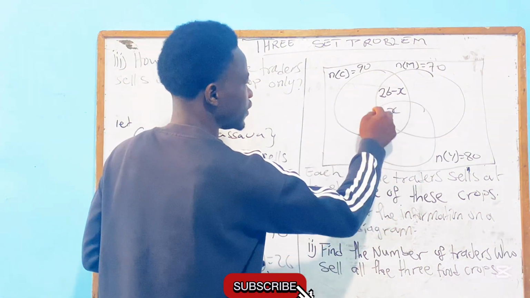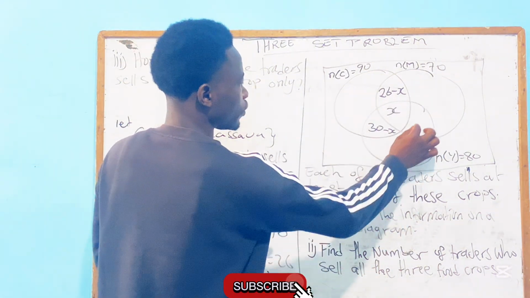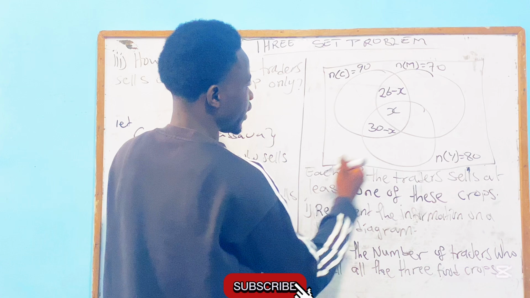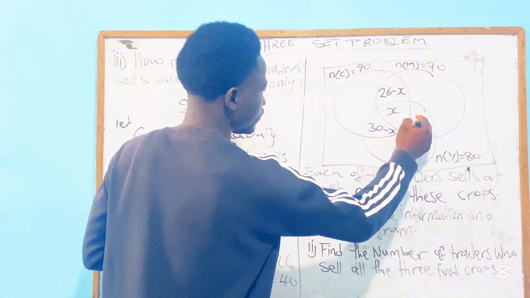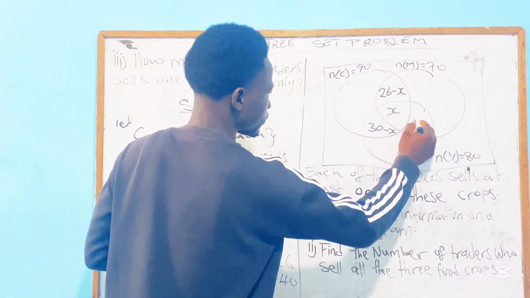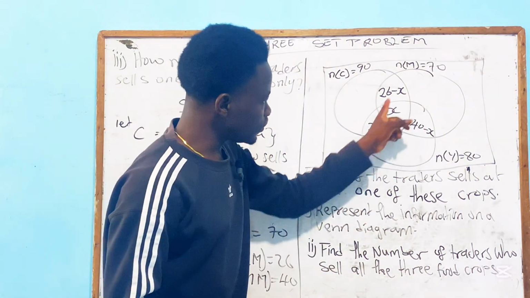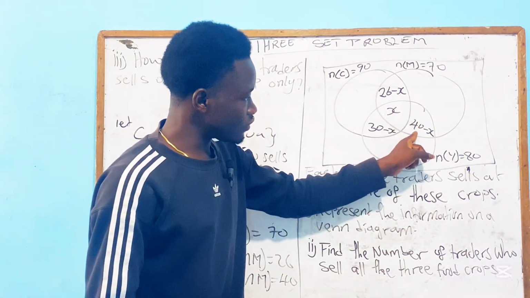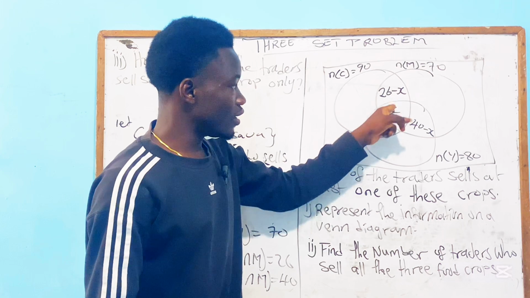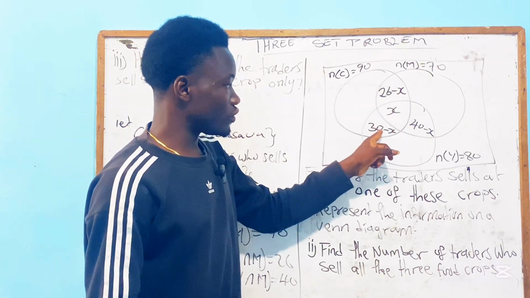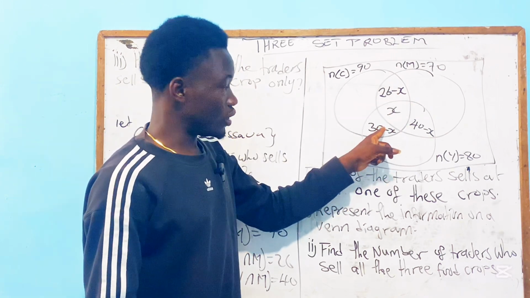The whole of this is yam and maize, but I want only this side, so I remove the x. So 40 minus x. Note that the whole of this region is 40. When we add this and this, the x's will go away, leaving 30.